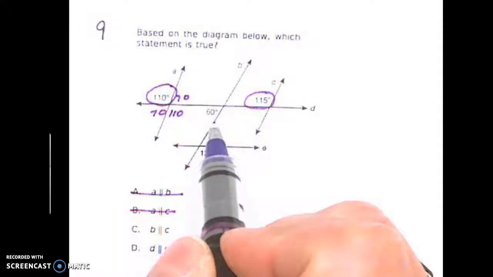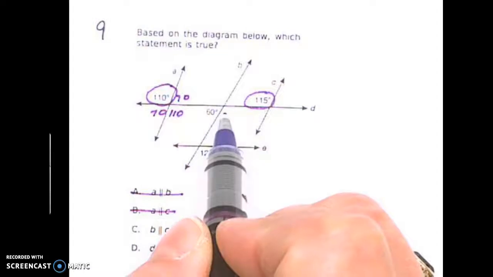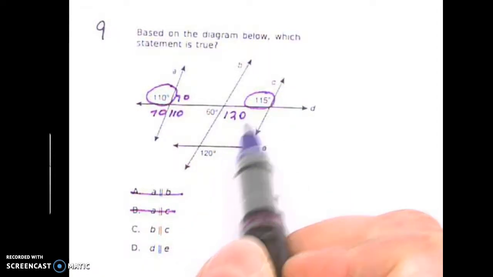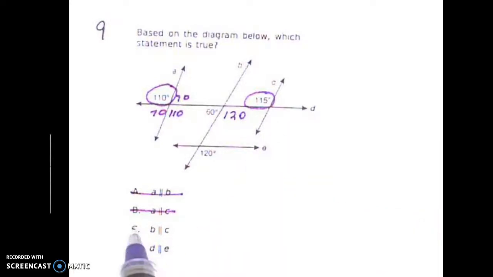If I'm looking at angle B, if I have a 60 degree angle, I know I should have a 120 degree angle. The 120 is not congruent to the 115, so B cannot be parallel to C.